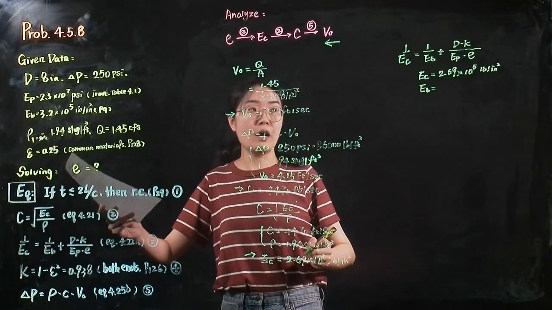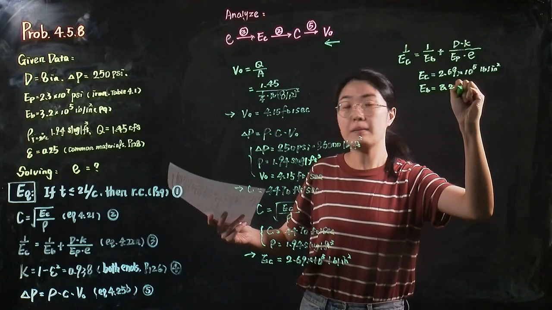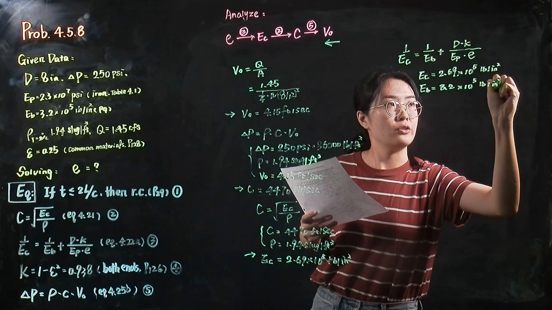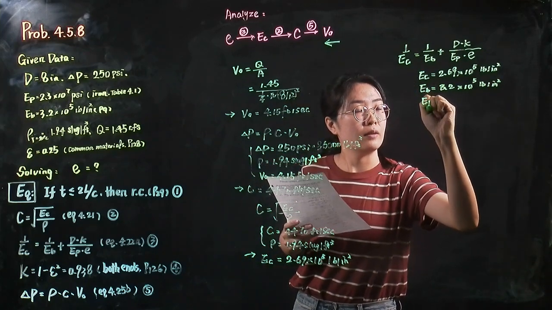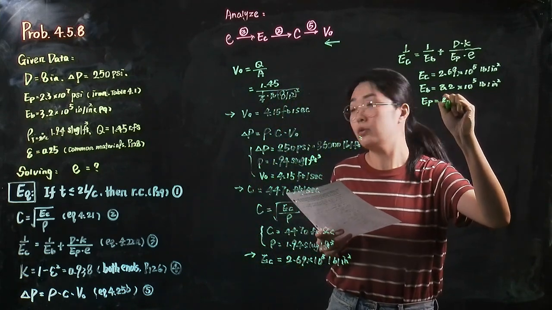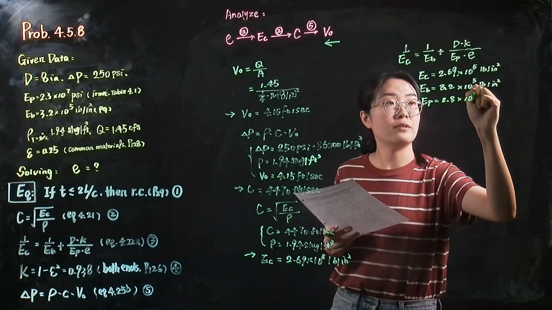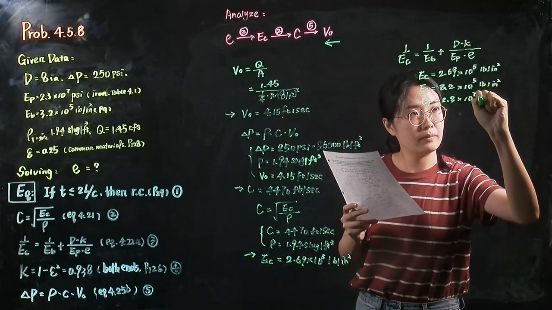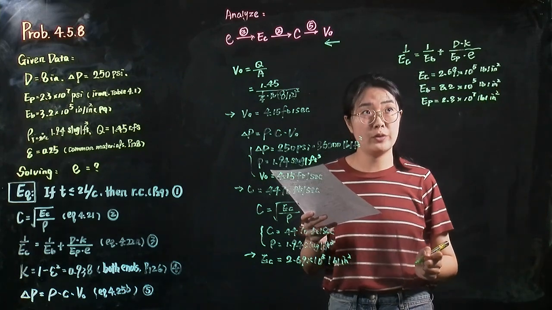The elasticity of the water equals 3.2 times 10 to the power of 5 pounds per square inch. And the elasticity of the pipe equals 2.3 times 10 to the power of 7 pounds per square inch.